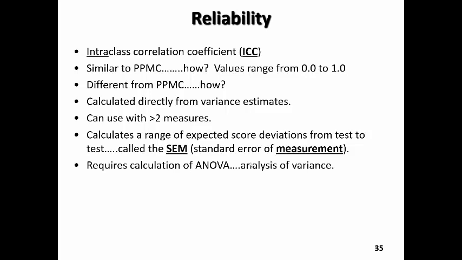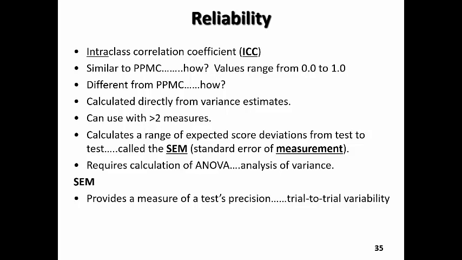This approach requires the calculation of a statistical procedure called the analysis of variance that we won't get into in this course, but it is a statistical procedure that compares sets of scores that are taken on a numerous basis.